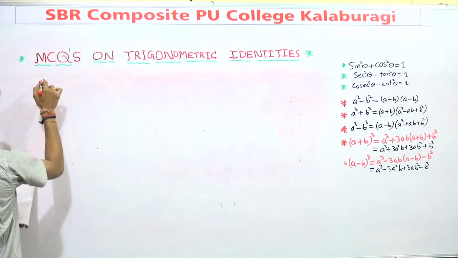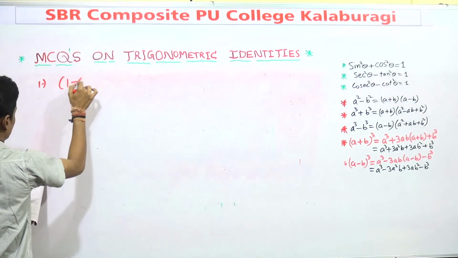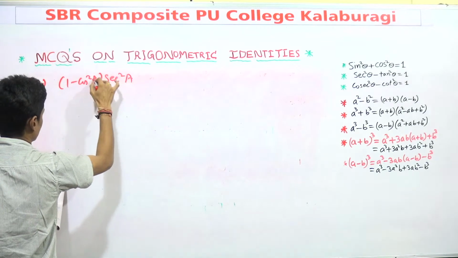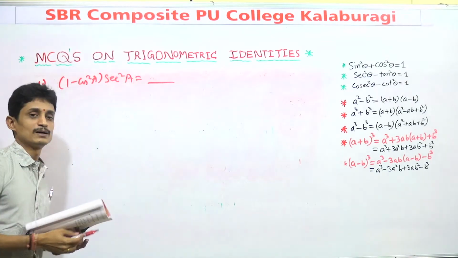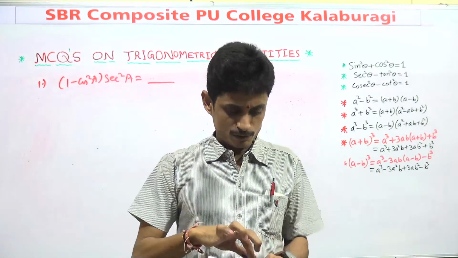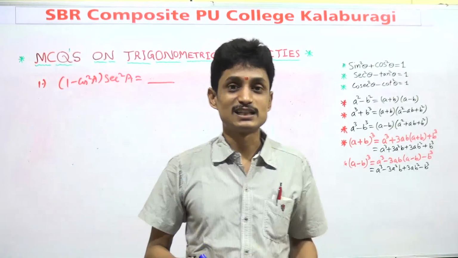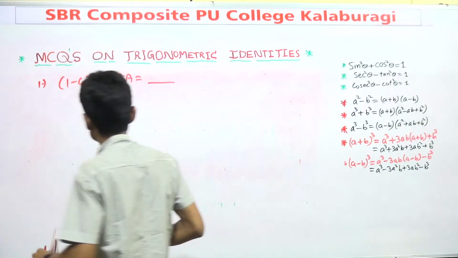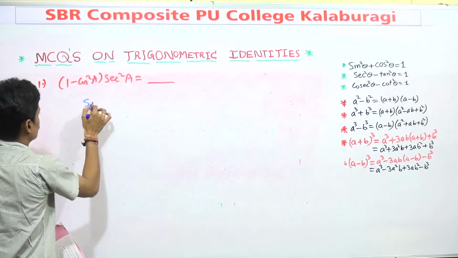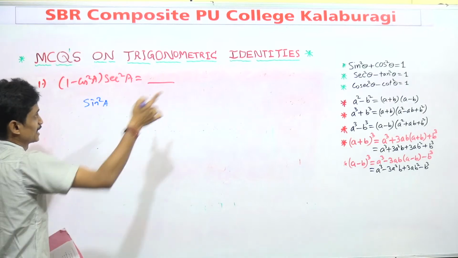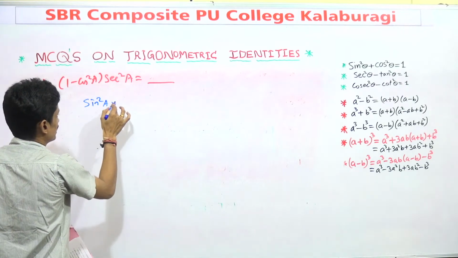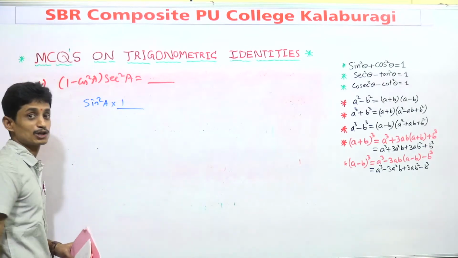Question number 1 from these easy questions: 1 minus cos square A into secant square A. I need it in standard form; that standard form can be any form, whatever I wish to arrange in the exam. Now give me the simplest form. 1 minus cos square is sin square by the identity. Into secant square means take the reciprocal relation.